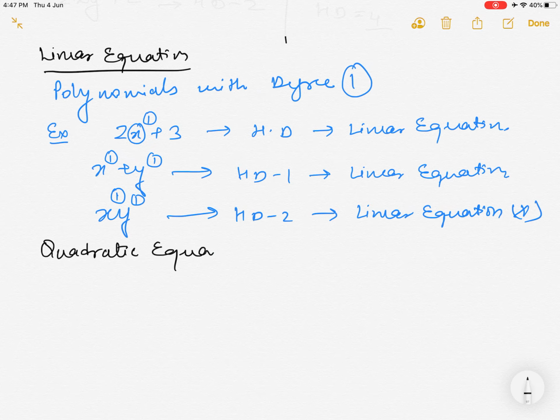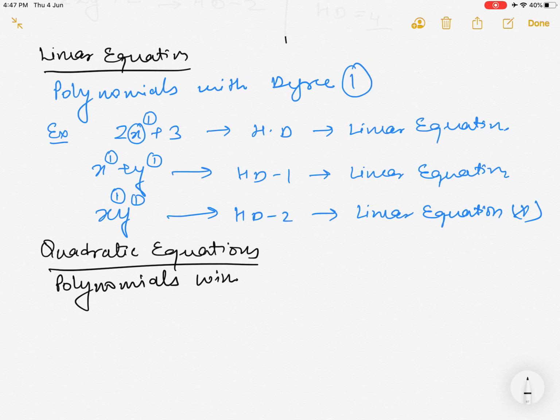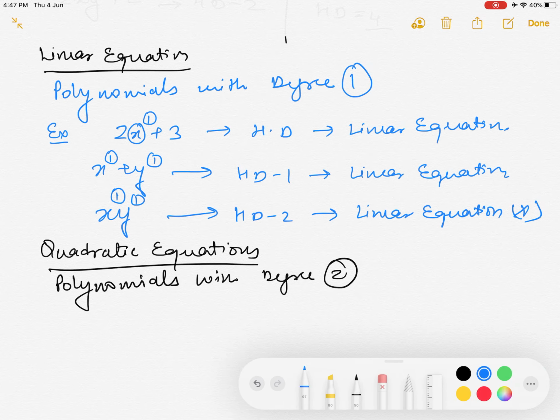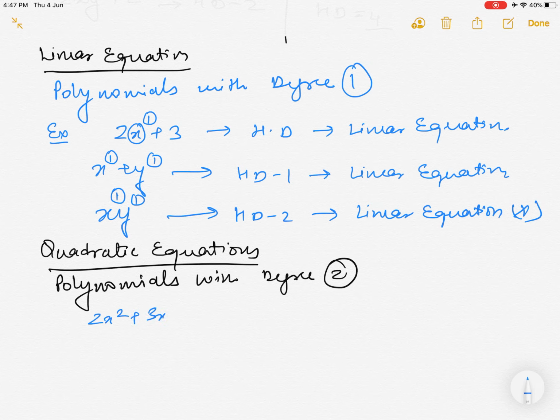Now, the second definition which you have here is, what are quadratic equations? Now, we have defined polynomials as dependent on a set of constants and a set of unknown variables, and the highest degree to which the variable is raised, that's what you call highest degree of polynomial. So quadratic equations are polynomials with highest degree 2.